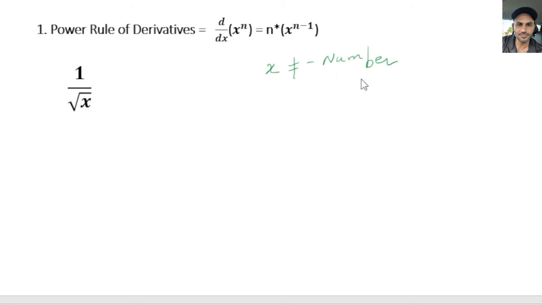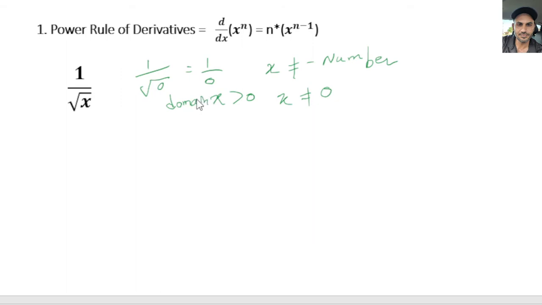And on top of that, x cannot be 0, because if x equals 0, then 1 over square root of 0 is 1 over 0. So this is undefined and the derivative won't exist. So we're looking at the domain where x is greater than 0. It cannot be equal to 0. So this is going to be the domain of our function.